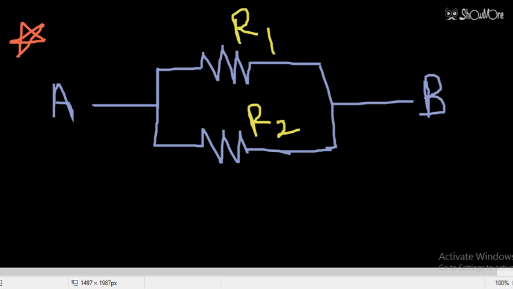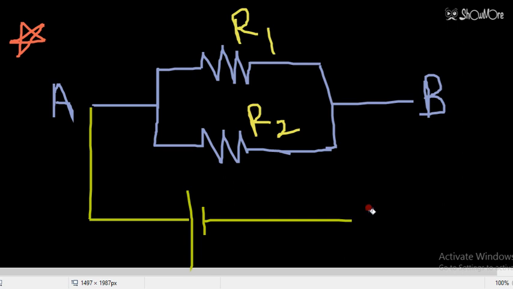Okay, now see how to determine whether it is a parallel combination. How to determine? Same method: connect the battery across the two terminals where you have to find the resistance. So here between terminals A and B you are going to find the resistance.